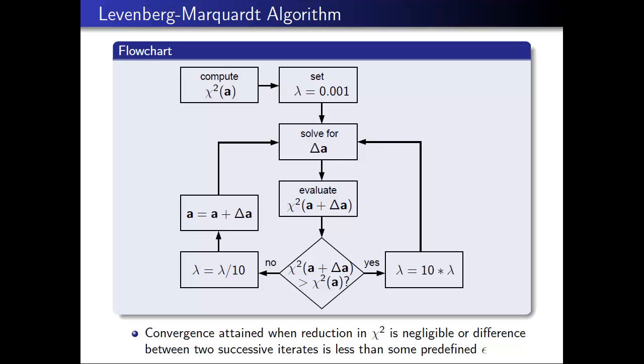Basically, you're amping up the diagonal, and this is making the Hessian a lot more invertible. If you have found a delta A that gives a better chi-squared, then you go with that delta A and you repeat. You update your lambda. Convergence is attained when the change to chi-squared is negligible, or when the difference between two iterates is below some predefined epsilon.